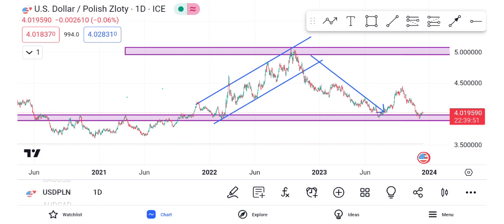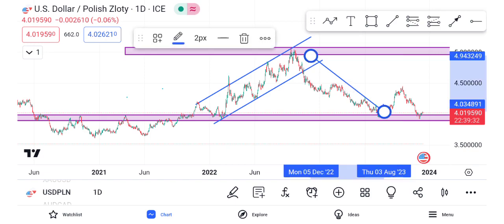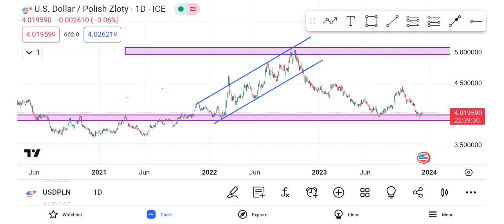So that's the reason why this point is our resistance level, because the price crashed from that point. So after that, we have known our support and resistance zone.